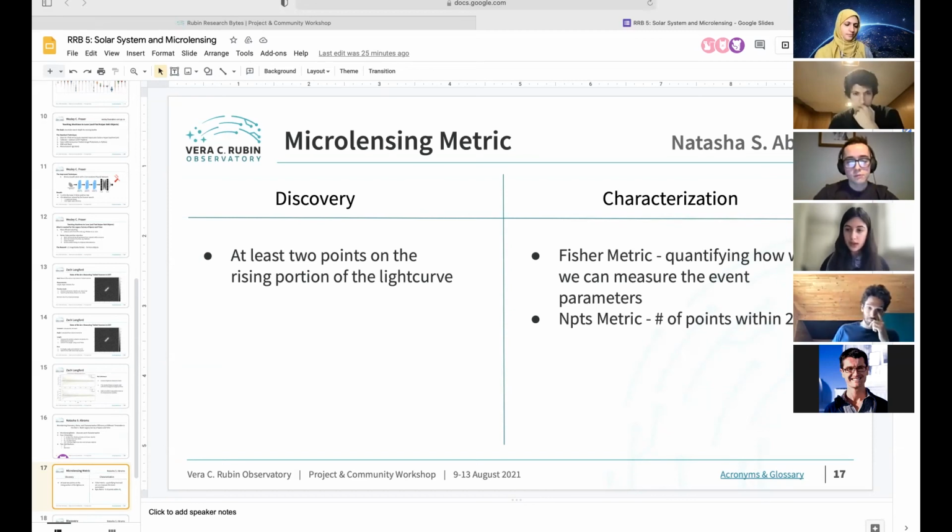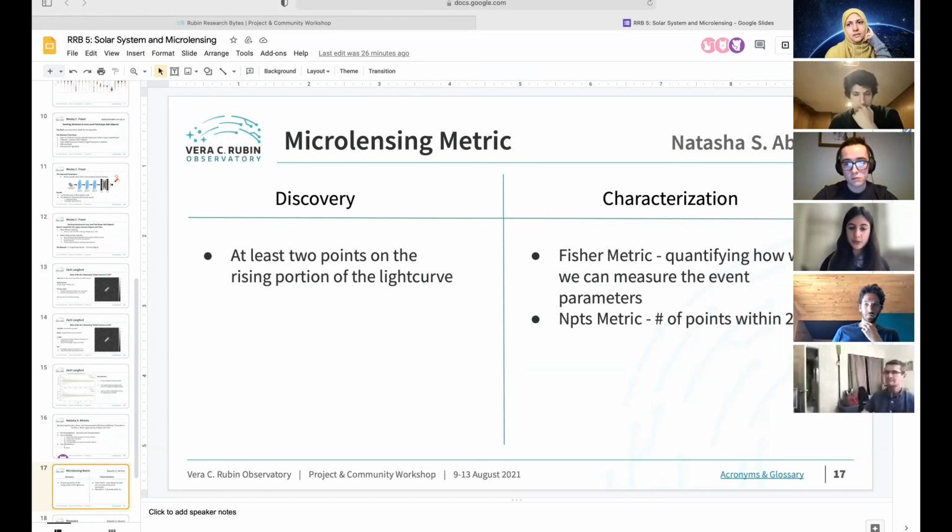So first we looked at this discovery criteria, which detects at least 2 points on the rising portion of the light curve. We want to see what percentage of simulated light curves we can detect in this way. This was explored in our cadence note. And then there's the characterization, for which we have 2 different metrics.